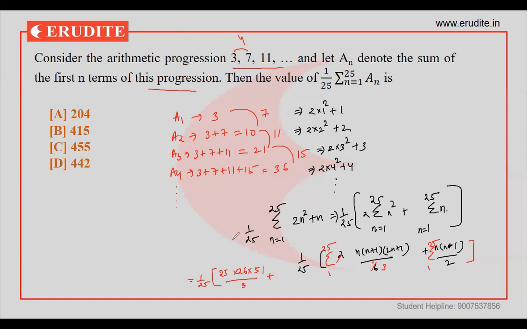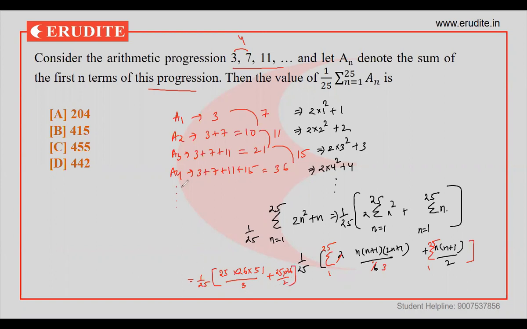This will be n into n plus 1 by 2, not minus. It is n into n plus 1 by 2. Right? So it is 25 into 26 by 2.